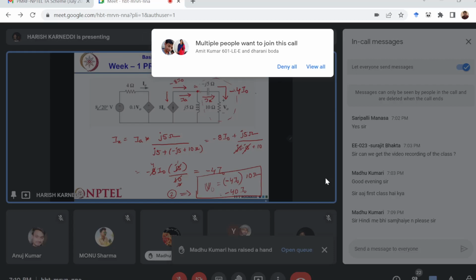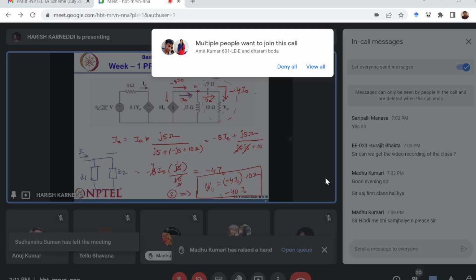Here I just applied the current divider rule. Here, with current I, there are two impedances connected in parallel, let us suppose Z1 and Z2.